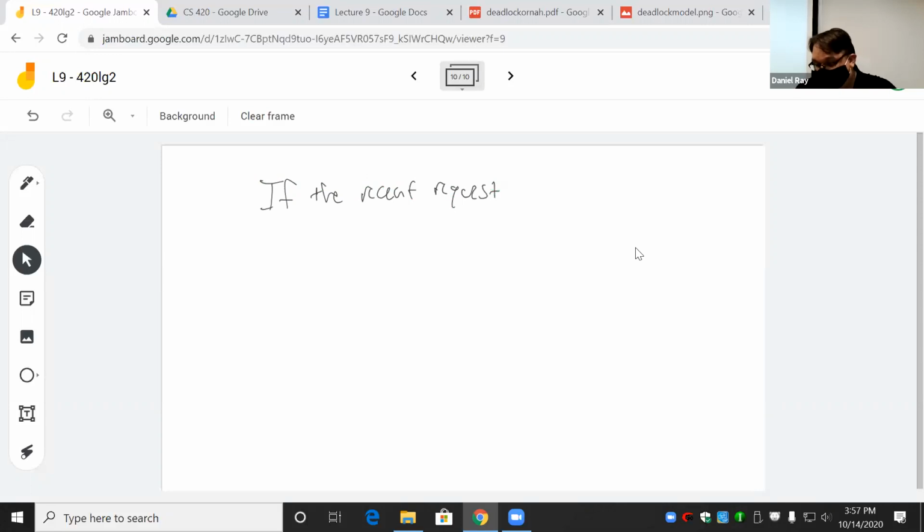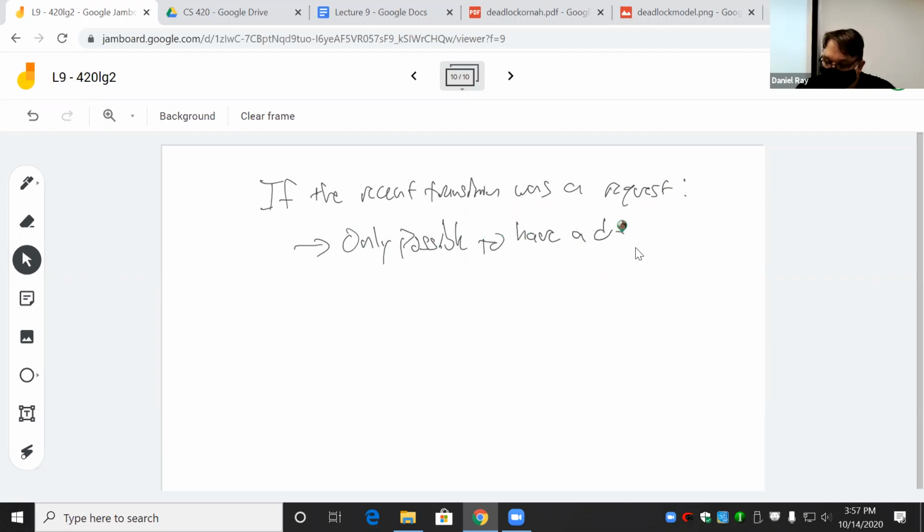If the recent transition was a request, okay, then it's only possible to have a deadlock if the requesting process is involved.